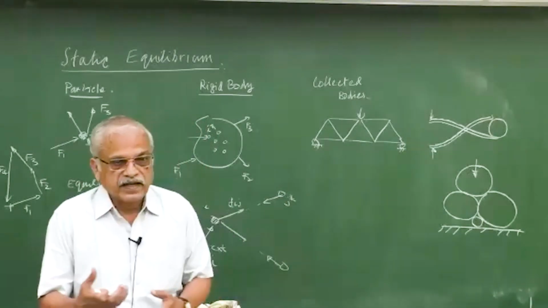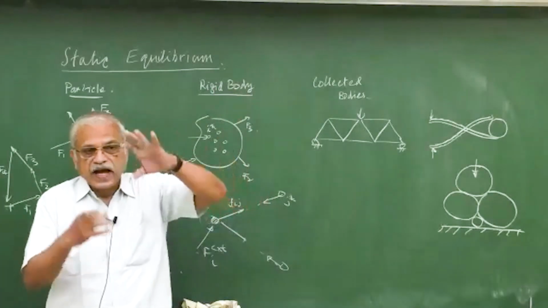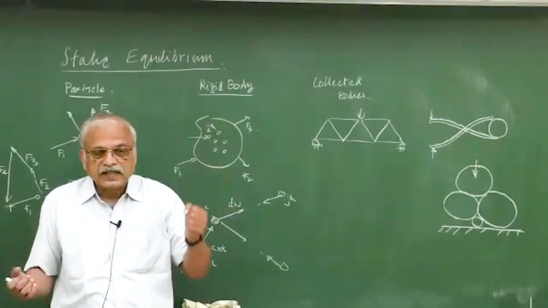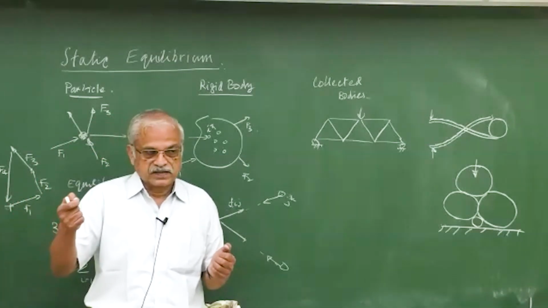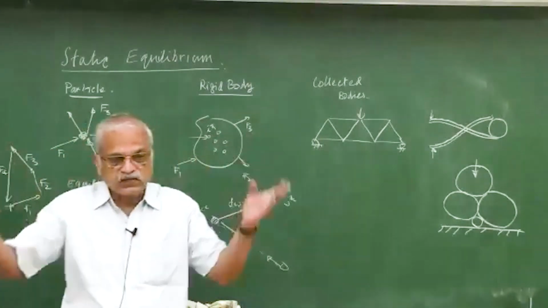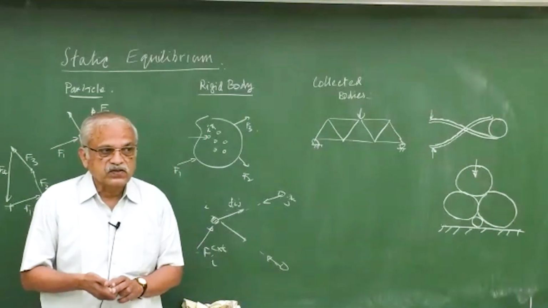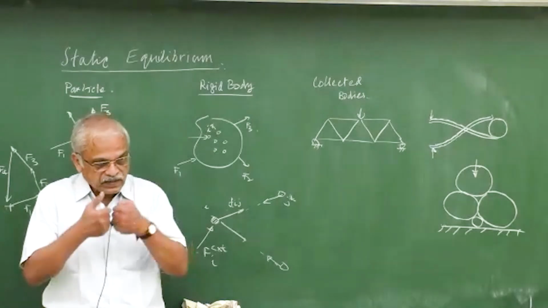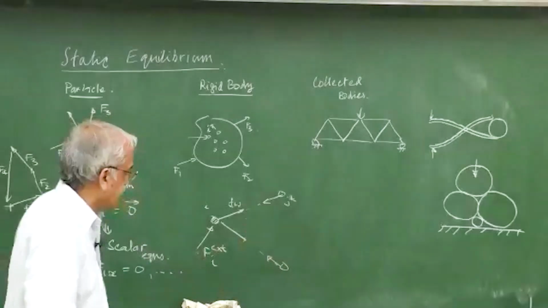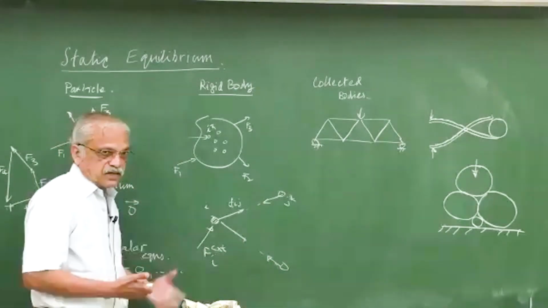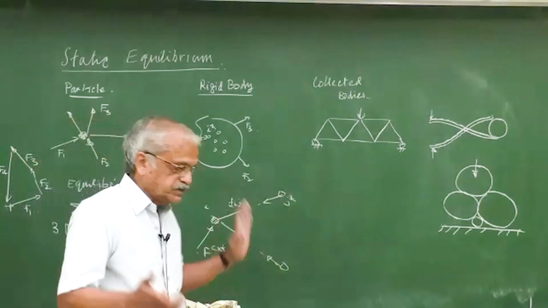If you have a gravitational field, there are forces acted upon by Earth, and that force is acting on each and every particle. So that is a distributed force all over the body, and that is a body force. These are the two forces we take into account, either the contact forces or the forces because of the field, gravitation, or even any other magnetic field. Only two forces which we consider.